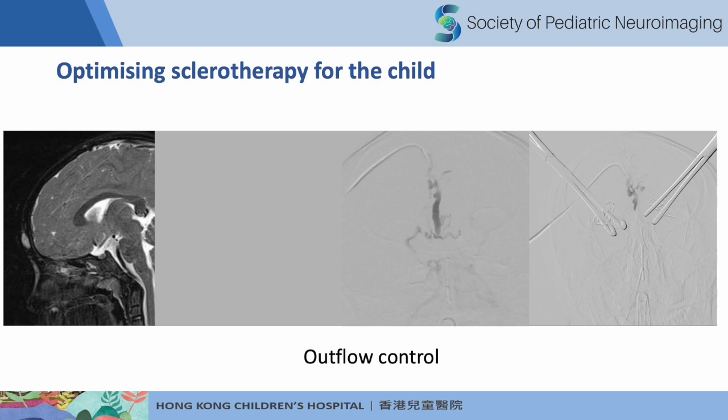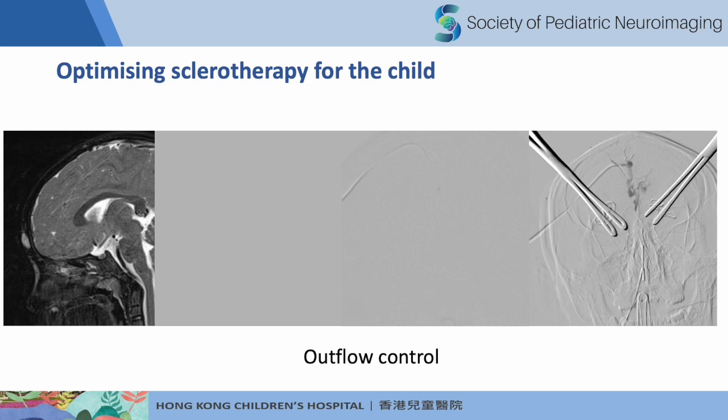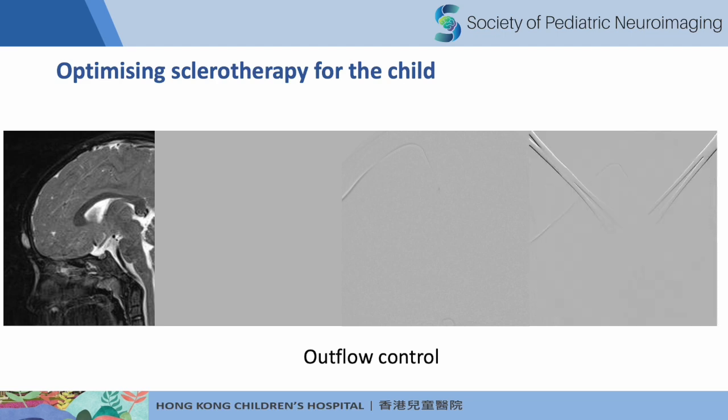So what we can do is place clamps and compression around the venous malformation and cause the sclerosant to stay inside the venous malformation. And with good outflow control, the sclerosant will usually stay in the venous malformation and not escape to areas where you don't want it to.